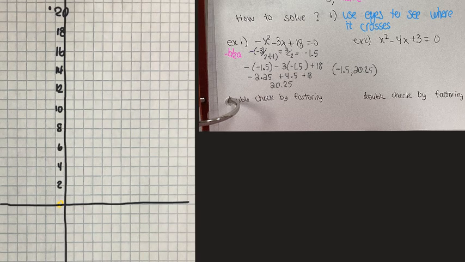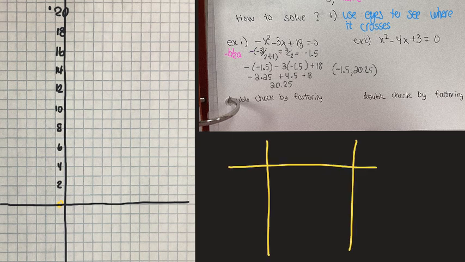Okay, there's my graph paper. I know that I'm going to have to go all the way up as high as 20 and a fourth, but it's negative, so it's going to go upside down, so I don't have to go any higher than that. All right, there's my vertex. So my axis of symmetry is at negative 1.5 and my vertex is at positive 20.25. Now I'm ready to make a table, and I'm going to use that other teacher's idea.